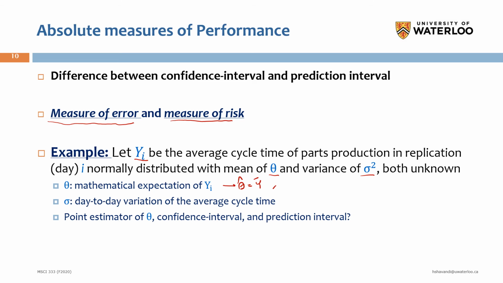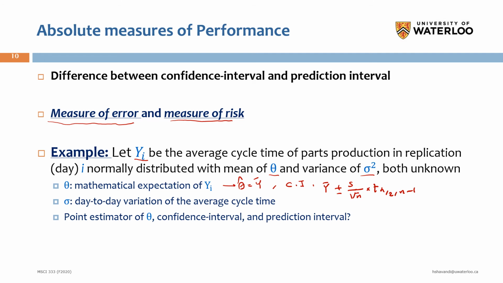Yes, for this we do have the confidence interval, okay? So by having y bar plus minus s over square root of n times t half alpha, n minus 1, we will have an interval.